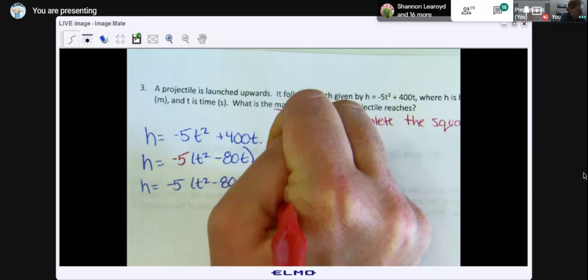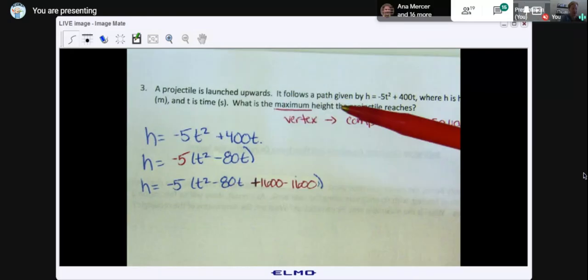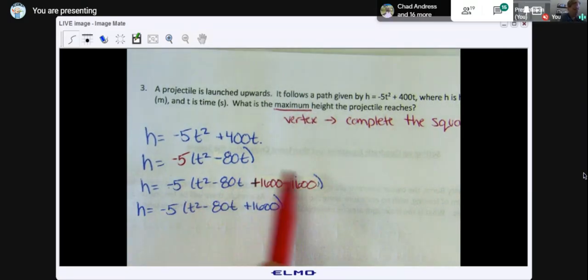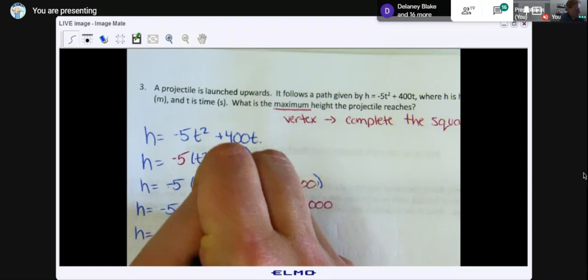Negative 40 squared is 1,600. So I add and subtract it. a times that negative m value gives me a positive 8,000. And then I factor the perfect square.